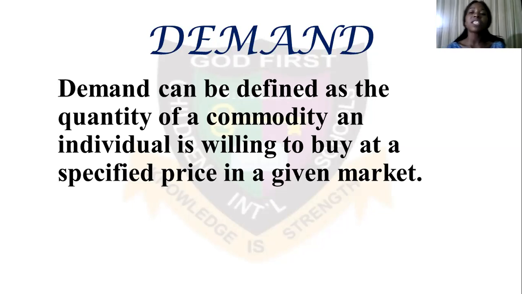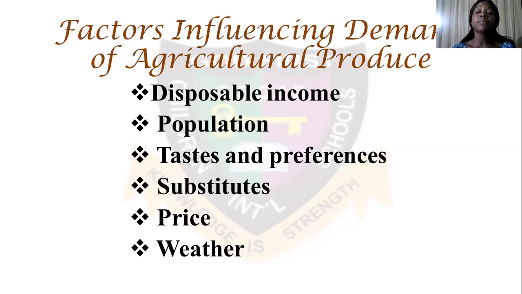Next, we look at the factors that influence demand for agricultural produce. Number 1 is disposable income. This means the amount that a particular individual is willing to spend on goods and services. Now, for certain products, let's take an example, cheese, pizza, these are products that when income increases, demand for them will increase.